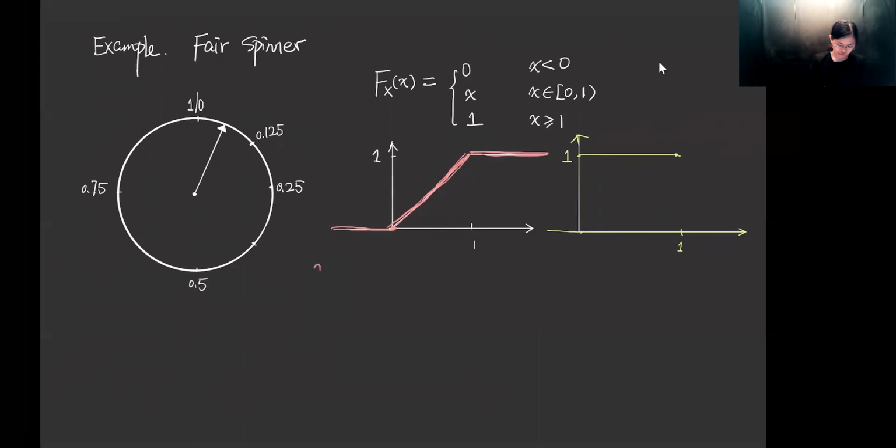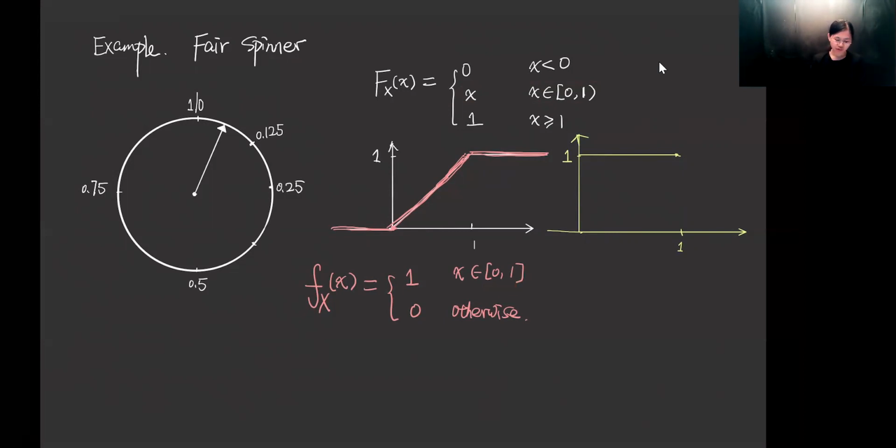So the PDF is the derivative of the CDF. The derivative is only non-zero in this portion, and in this portion, the derivative is 1 for x belonging to 0 to 1 and 0 otherwise. Notice that at 0 and at 1, the CDF is not differentiable.